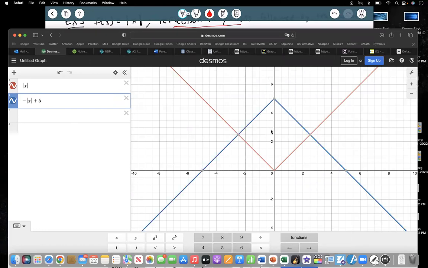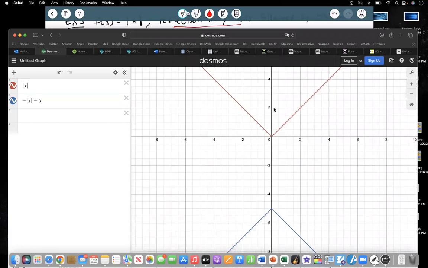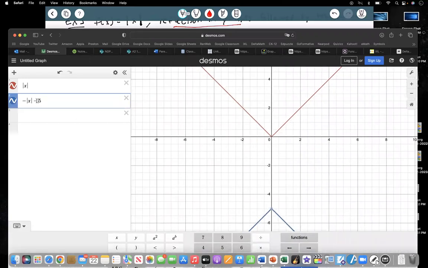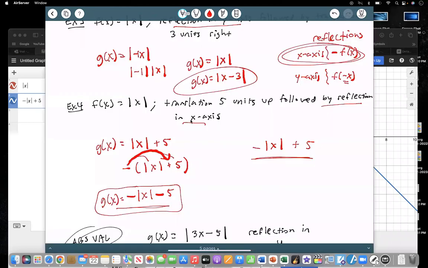That's just going to flip it upside down, but then this plus 5 needs to become minus 5, which is why it's important to distribute that negative. That'll reflect the whole thing down. Versus if I just make it negative and then translate it 5 units up, then it's up here. So you could see totally different functions if I switch the order. So the order is important here. Sorry for the mistake. I forgot to distribute there.